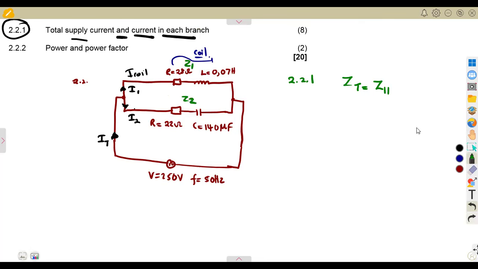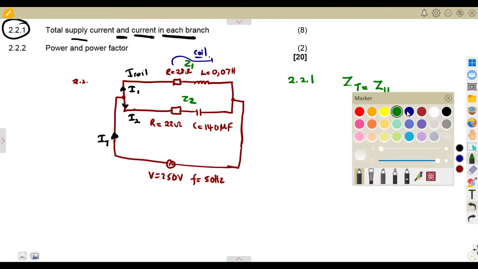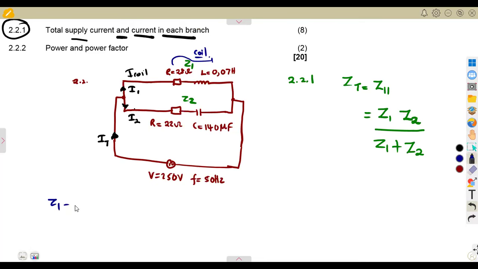These two are in parallel. So our ZT is going to be product over sum: Z1 Z2 over the sum Z1 plus Z2, where our Z1 is that of the coil. Our Z1 is equal to Z coil.